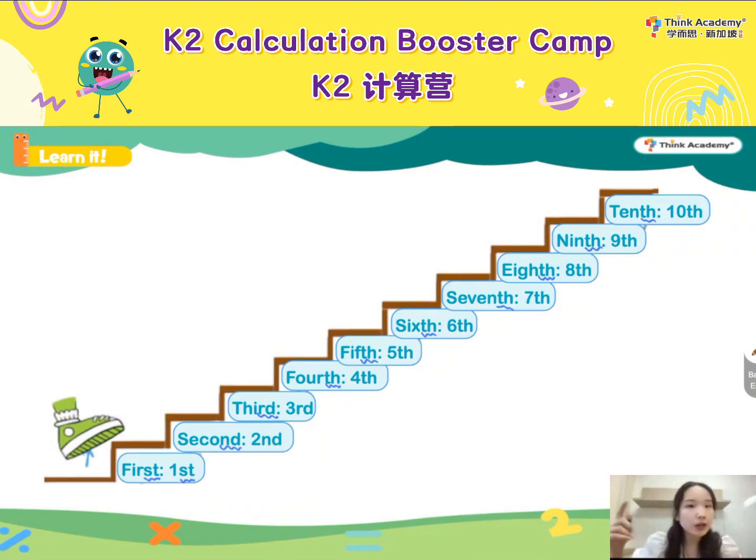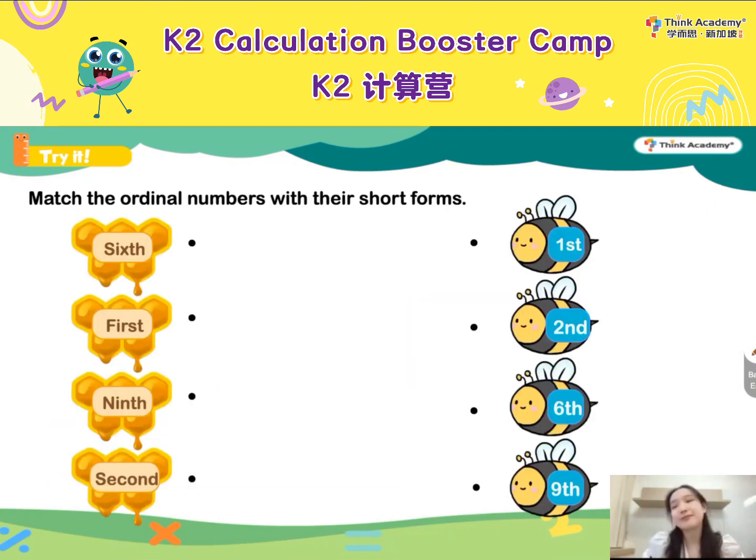Okay, so in today's lesson, it is very, very important that you practice all by yourself. So shall we practice it all together? Now, can you match all the ordinal numbers with their short forms?